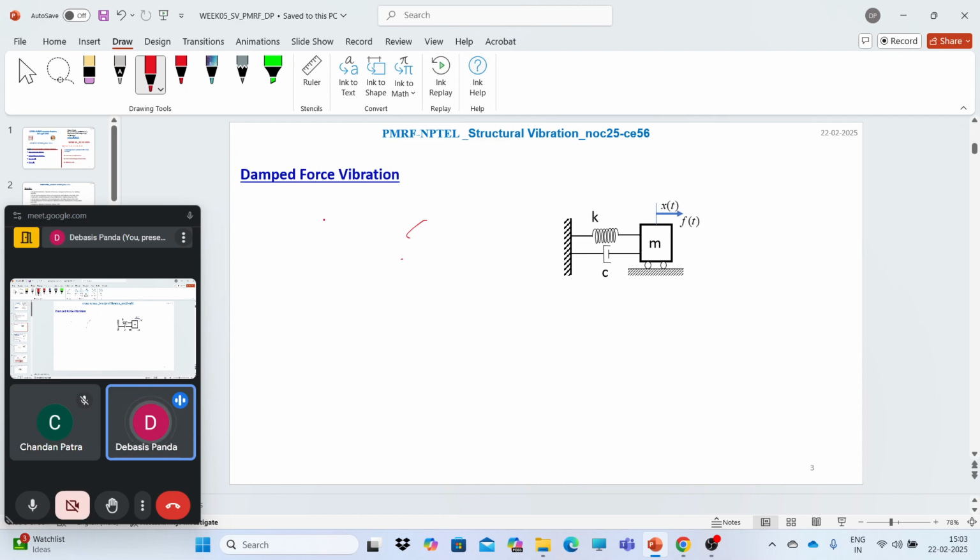Okay, so we have solved different problems of free and forced vibration, where we first formulate the equation of motion, m x double dot plus c x dot plus k x equals some forcing function f, or f of t.